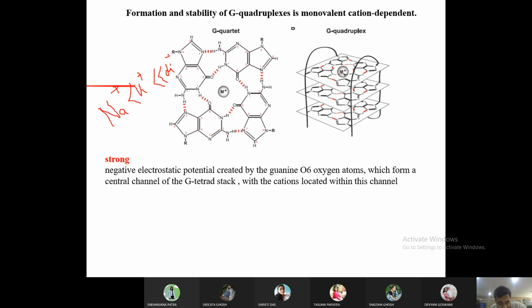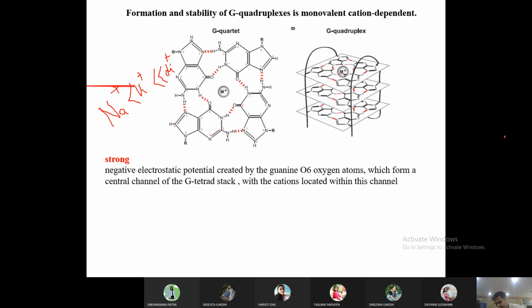Okay, so always it is monovalent cations. So why is this kind of ionic stability required? Because I think we have told that the ionic bonds are the most stable bonds in the non-covalent class.